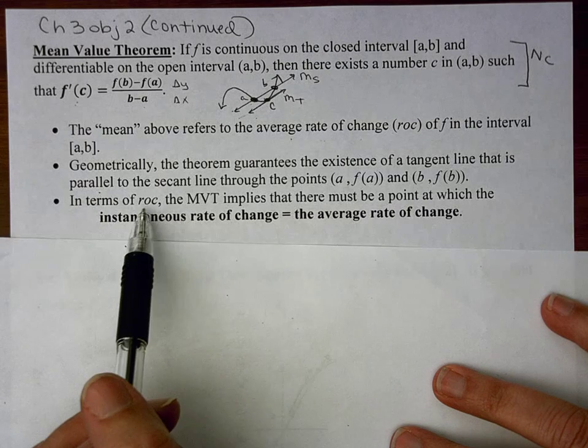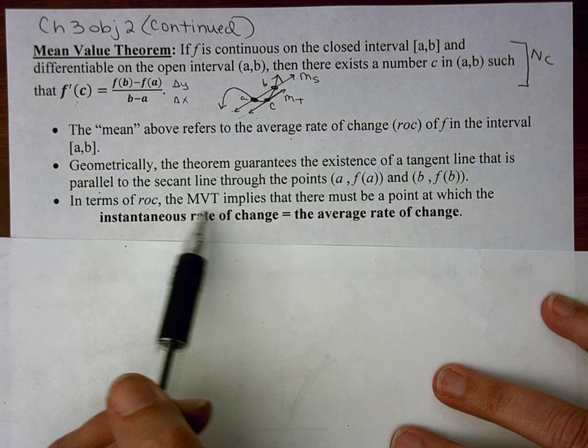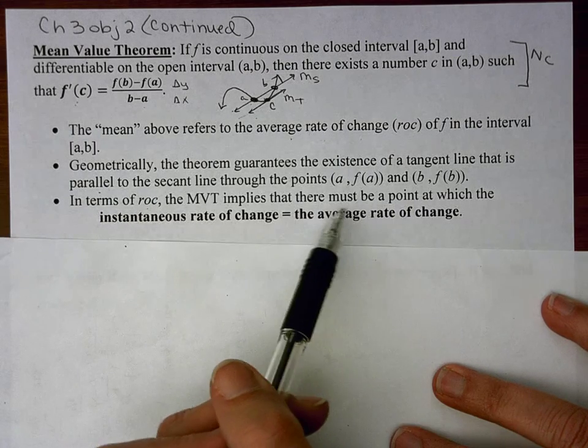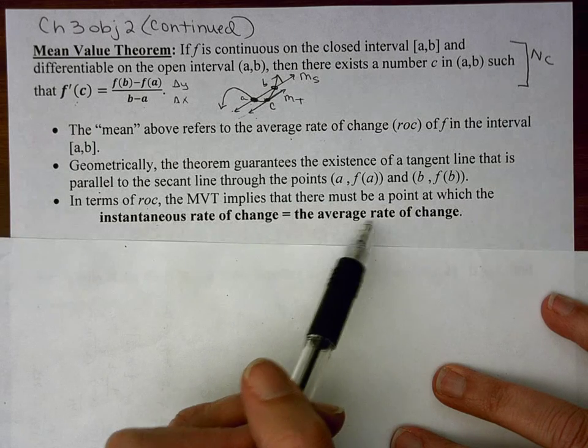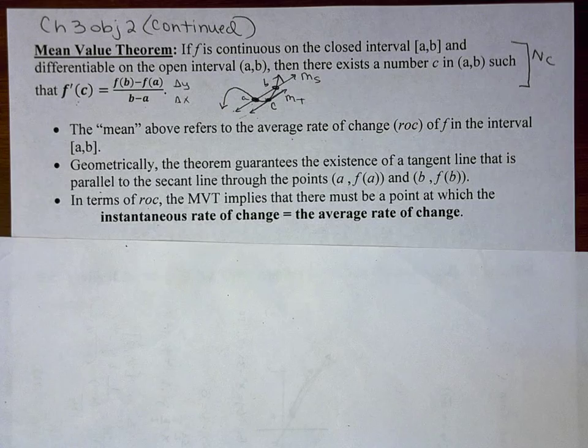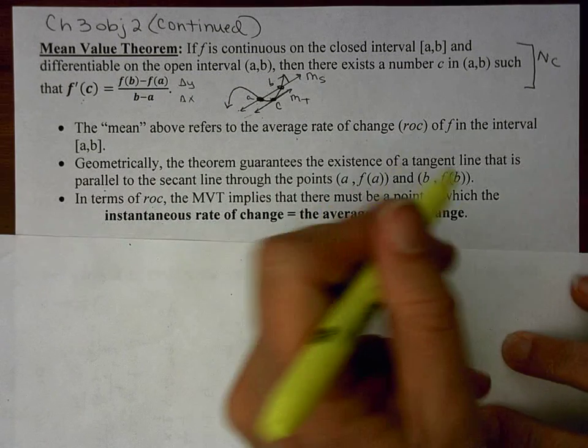And so in terms of the rate of change, ROC, the Mean Value Theorem implies that there must be a point at which the instantaneous rate of change is equal to the average rate of change. And so this part I do want you to write down.